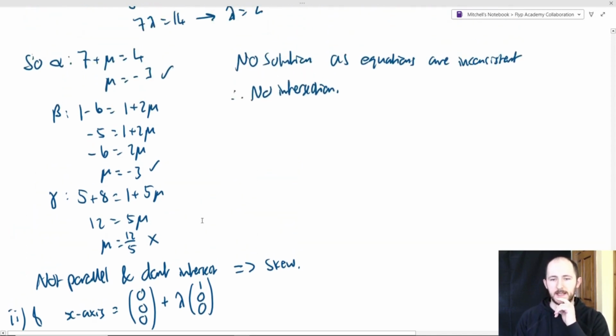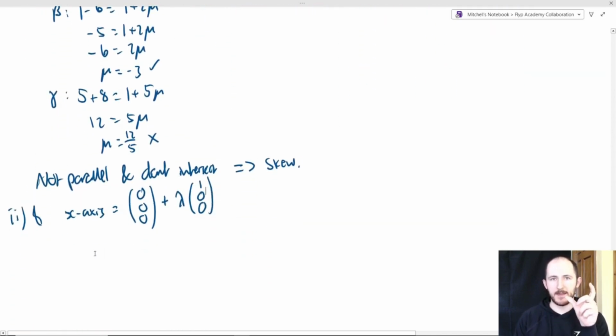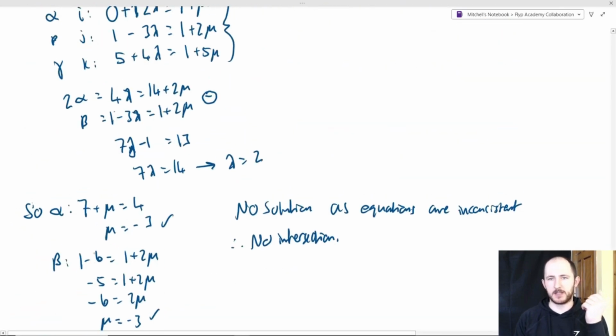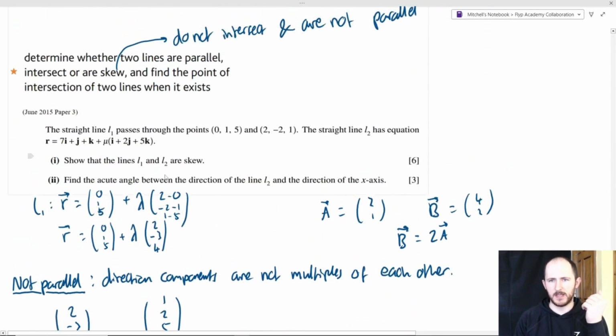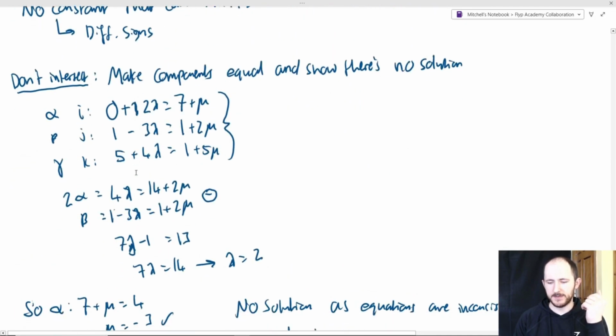So what we can do here is compare the direction of the x-axis with the direction for L2. The direction for L2 is just going to be the direction component of the second line, which is this one. So it's 1, 2, 5.